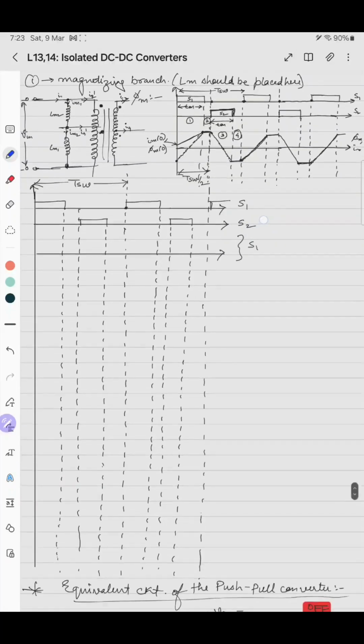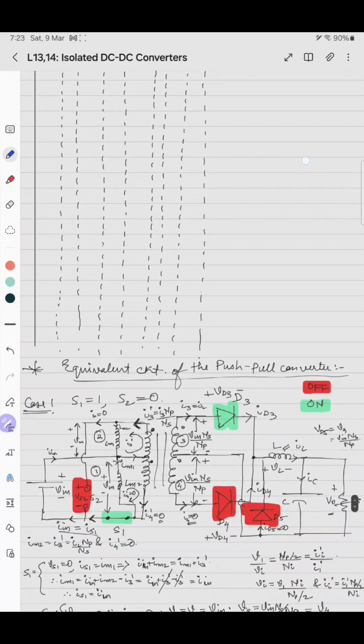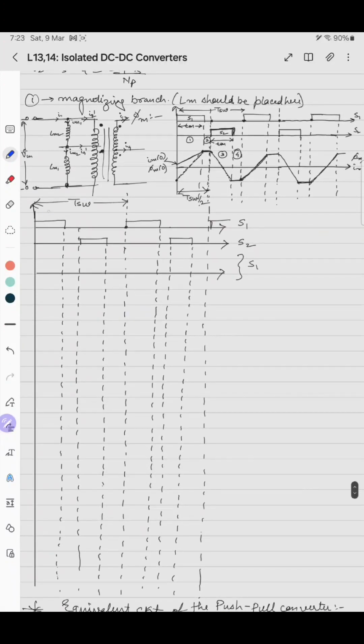We'll write the cases. S1 is on and S2 is off. So this is case number 1. This is case number 1. This is case number 2. This is case number 3. Again case number 2, and it goes on repeating.